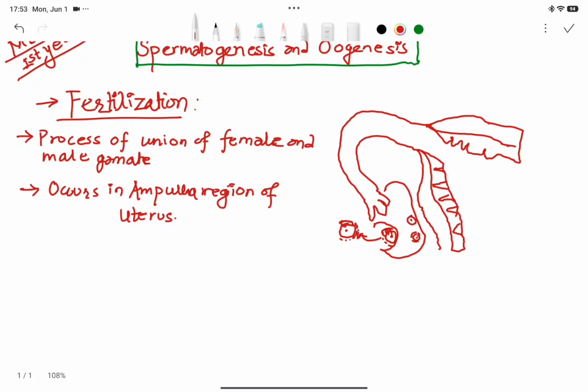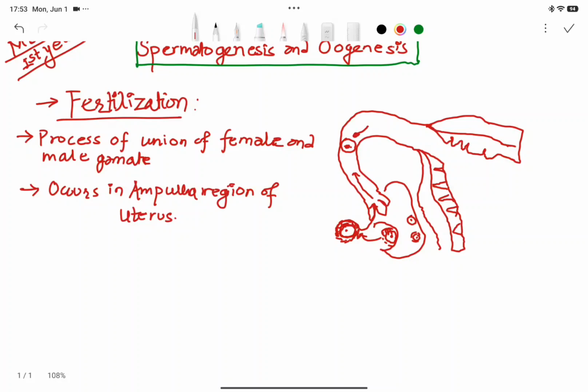It is surrounded by a layer of granulosa cells or corona radiata, and the zona pellucida outside the ova, and this is received by the female in the ampullary region, where the fusion occurs with sperm.